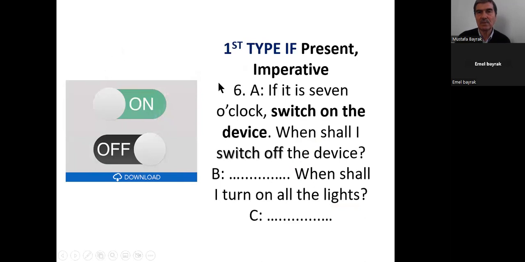Now, first type, if present: the subordinate clause is in present tense, but the main clause is in imperative. Like this: if it is 7 o'clock, switch on the device. Switch on, turn on, start. Turn on the device. When shall I switch off the device?